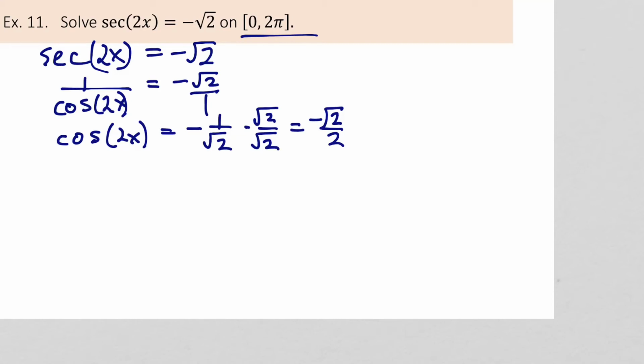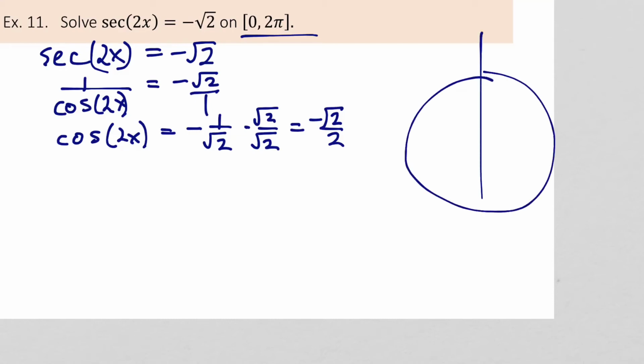So next, I draw a sketch of the unit circle, and the places where the cosine is negative root 2 over 2 are going to be in the second quadrant at the 45-degree line, 3 pi over 4, and then in the third quadrant at 5 pi over 4.